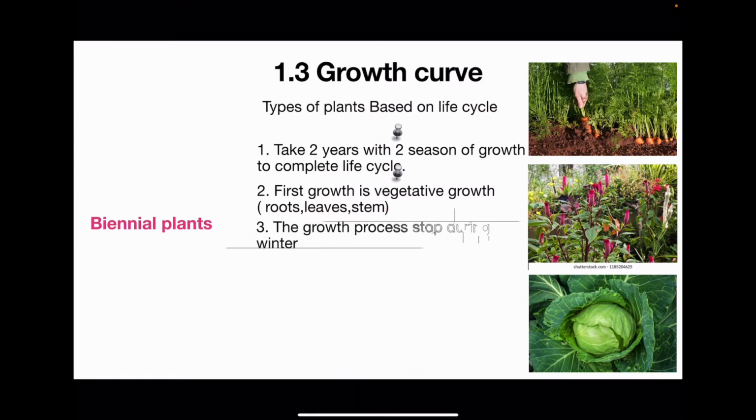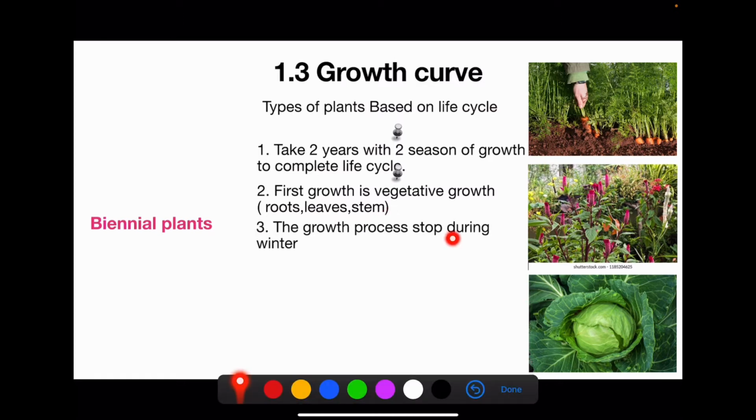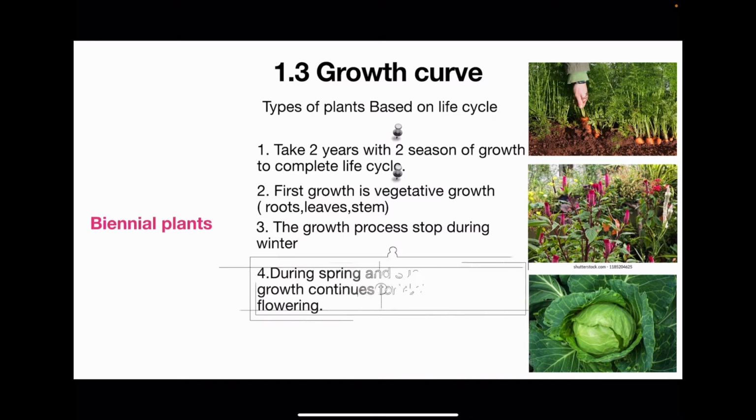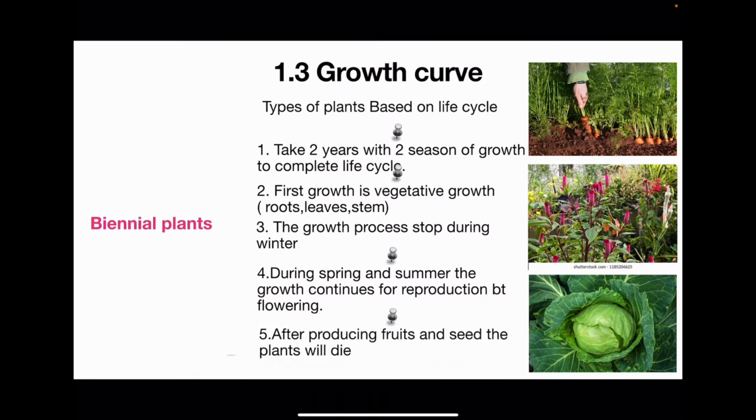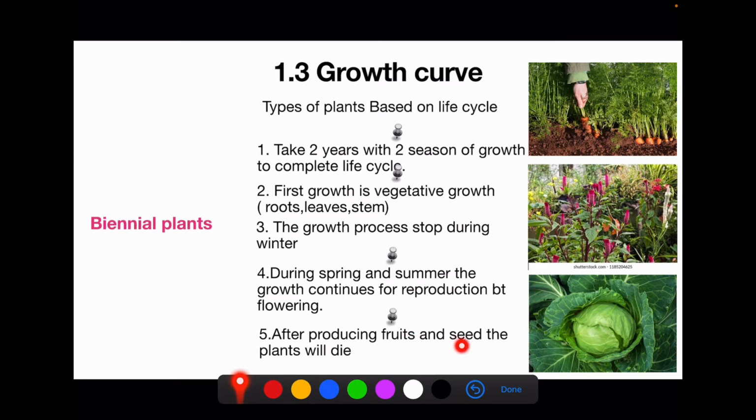The growth process stops during winter, and after the winter, the growth will continue. During spring and summer, the growth continues for the reproduction, for the flowering. After producing fruits and seeds, the plant will die.